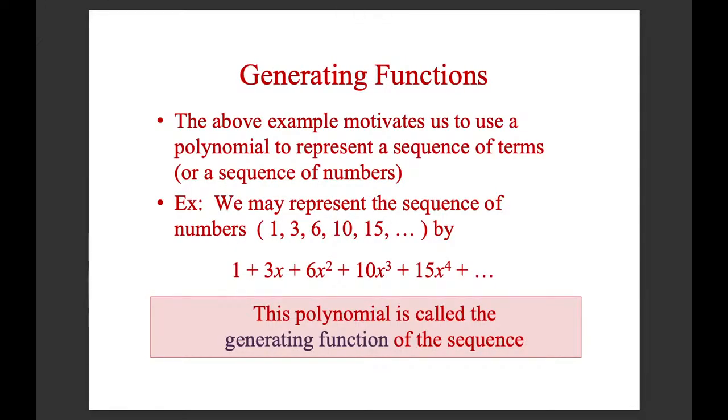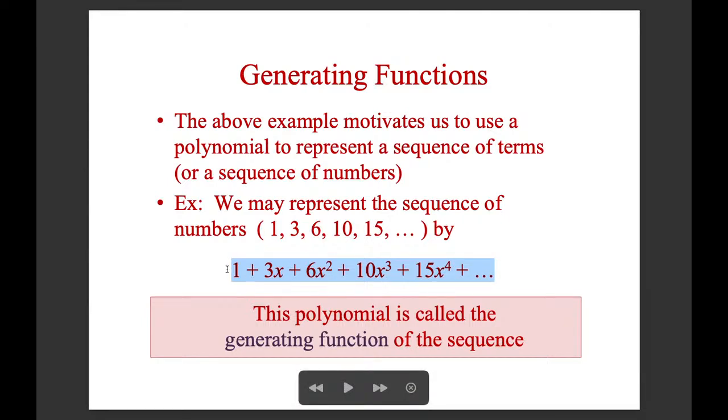Now, the above example motivates us to use a polynomial to represent a sequence of terms. In particular, let us look at this polynomial: 1 plus 3x plus 6x squared plus 10x cubed plus 15x to the 4, and so on and so forth.